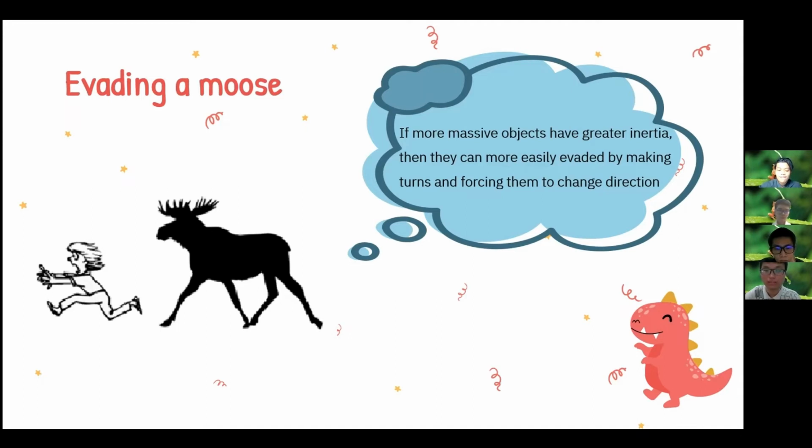Sorry, teacher, I'm not so clear about this. Why do we need to run zigzagging when we can just run straight forward? Seems like you're still confused. This is because of its enormous mass. It takes the moose a lot of energy to change its course while moving at speed.